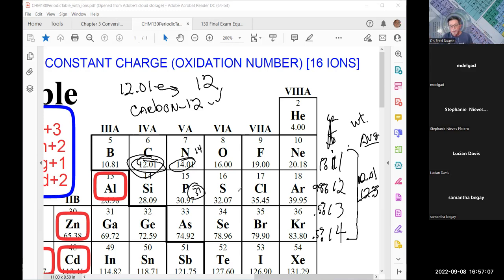And therefore, that is why we can take any element here and round that number up, the atomic weight, to the nearest whole number, and that tells us what is the most common isotope for that element, okay? Because it is the weighted average.